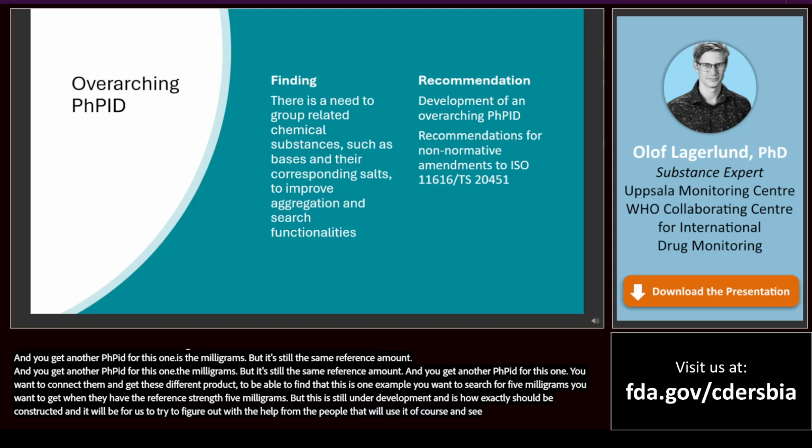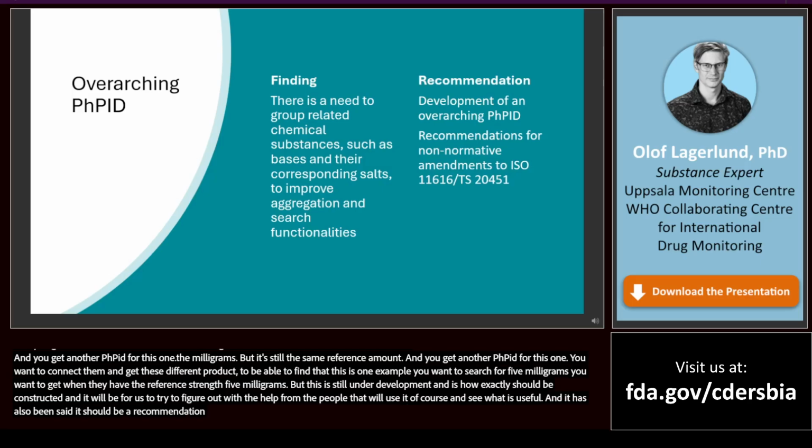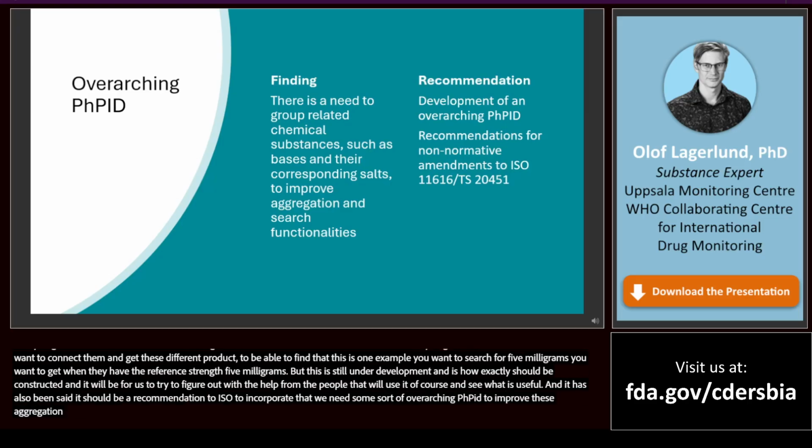And it's also been said that there should be a recommendation to ISO that we need some sort of overarching PhPID to improve the aggregation and search functionalities of the PhPIDs, to make them really useful.